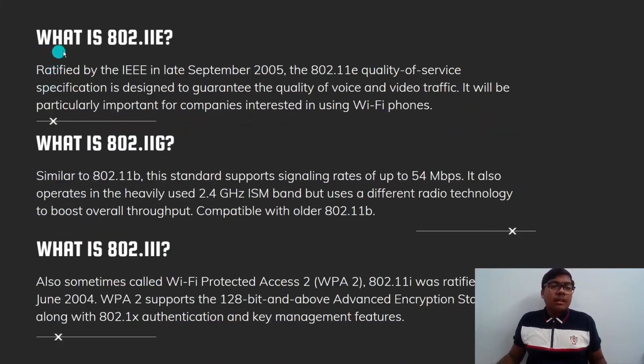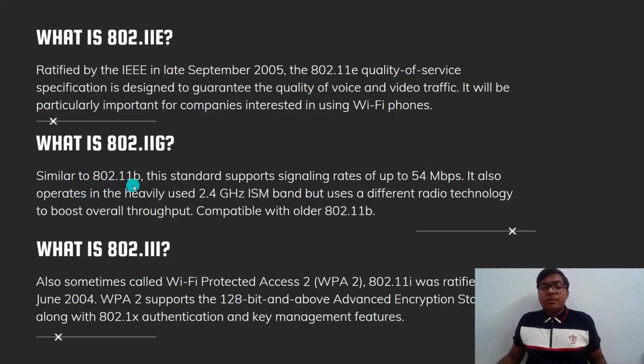Let's discuss what is 802.11e. Ratified by the IEEE in late September 2005, the IEEE 802.11e quality of service specification is designed to guarantee the quality of voice and video traffic. It will be particularly important for companies interested in using Wi-Fi phones. What is 802.11g?